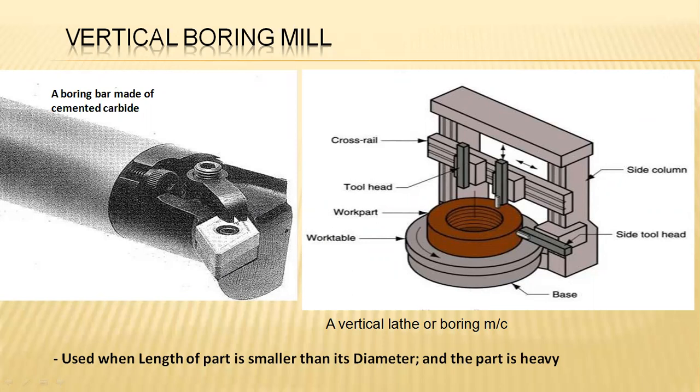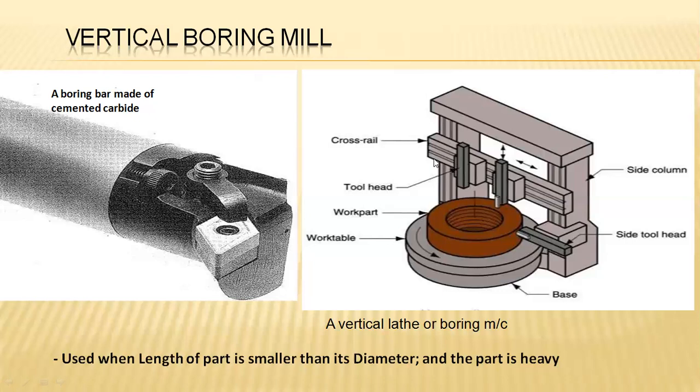This is the pictorial representation that is progressed with this side tool head, which is holding these CBN tools in order to progress the actions and counter actions over the work part.